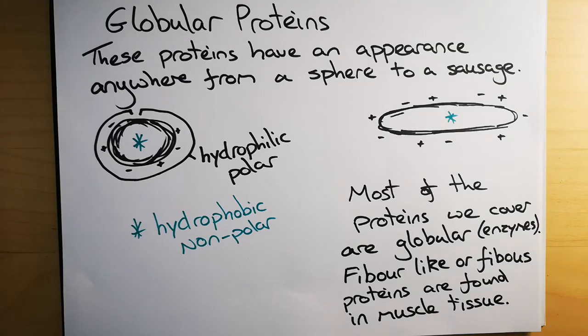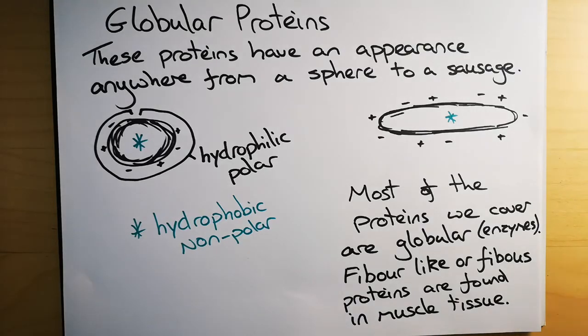However, in fibrous proteins you really can get very, very thin, extremely long proteins, like actin and myosin in muscle cells. I'll put a link in for some of that, so you can see it, but we don't talk about them a huge amount. It's really the globular proteins that we're focused on.